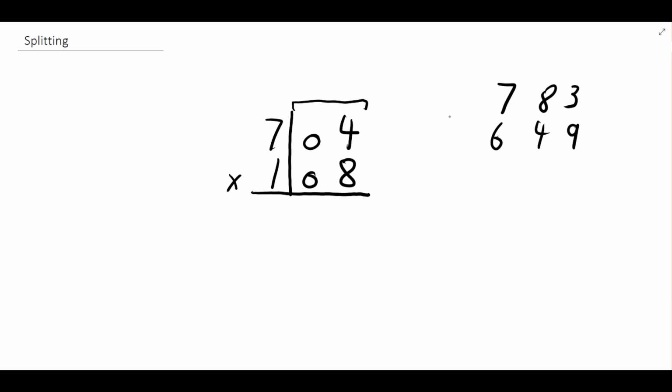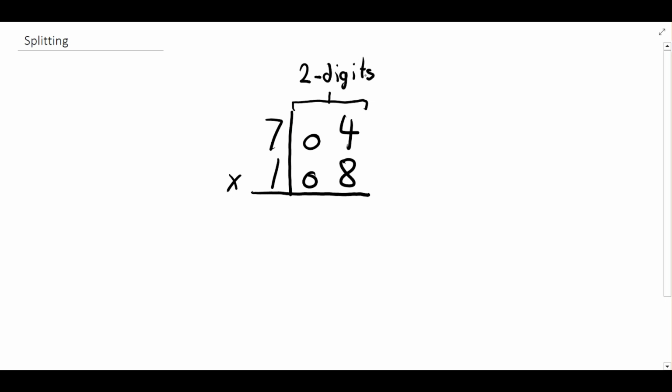Let me show you how to use this technique. But first and most importantly, 04 and 08 are grouped and they are the rightmost part of the answer. So we should check the number of digits they have, and here they have two digits.